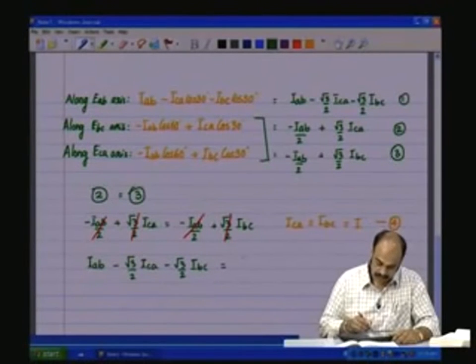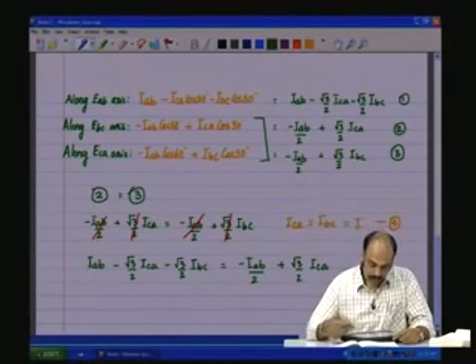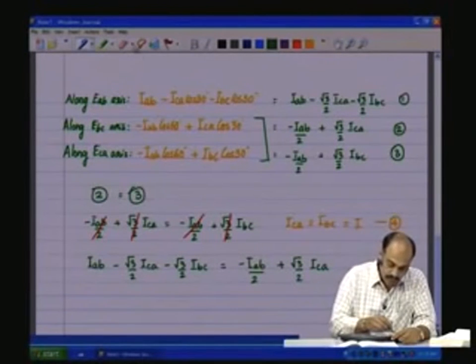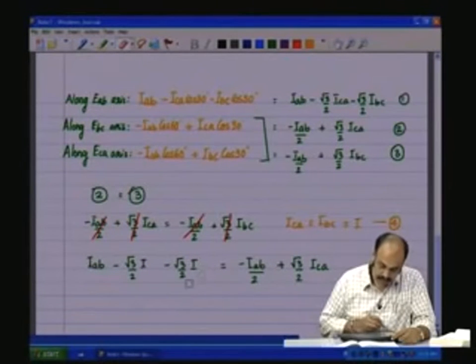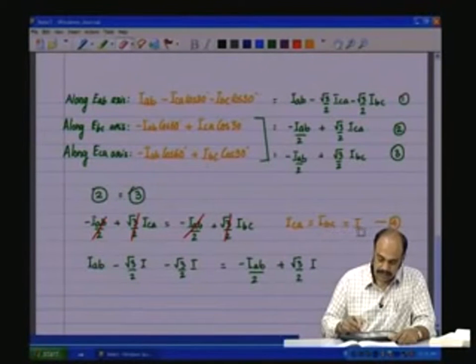So, let us say it is equal to minus I_AB by 2 plus root 3 by 2 I_CA. So, we know that I_CA equals I_BC equal to I. So, we make that change, I_CA and I_BC are equal to the same value, and that is I. So, we have substituted I in the equation.